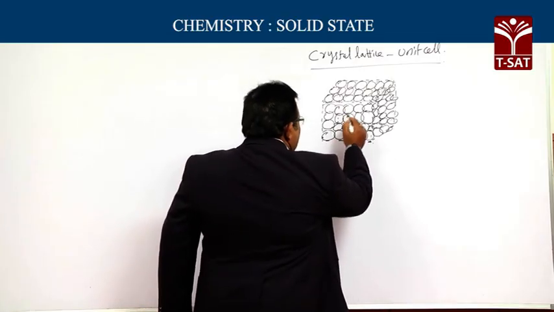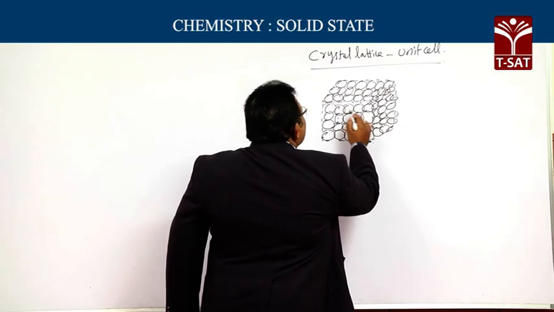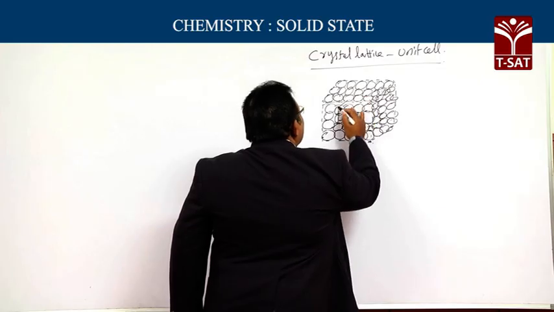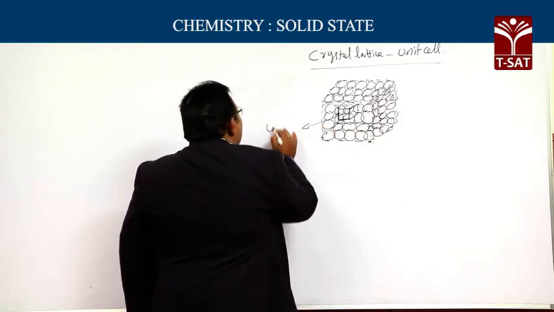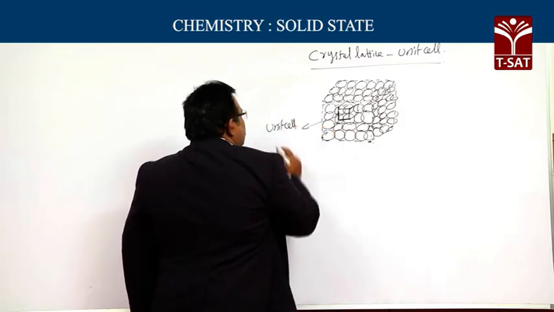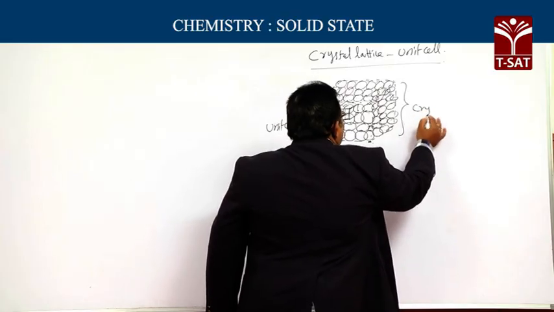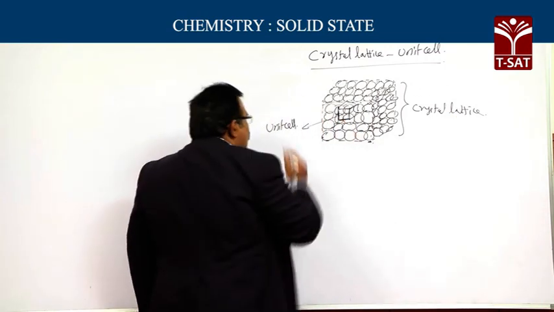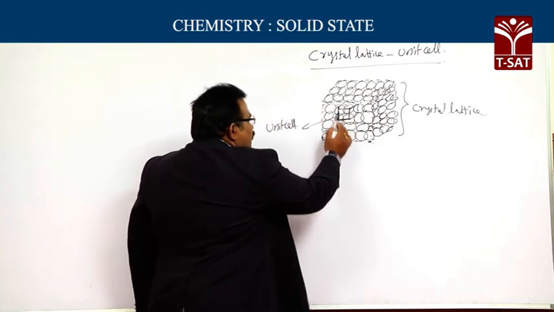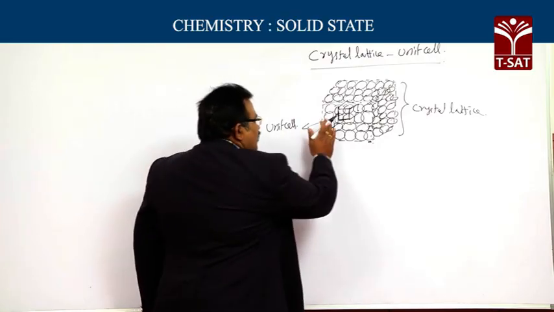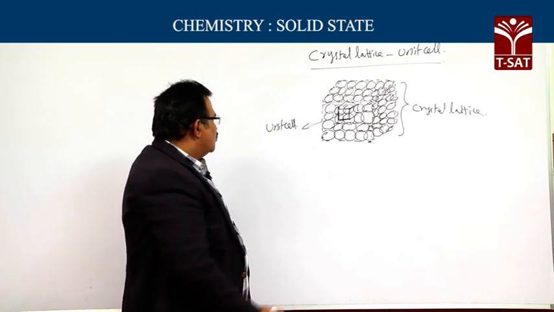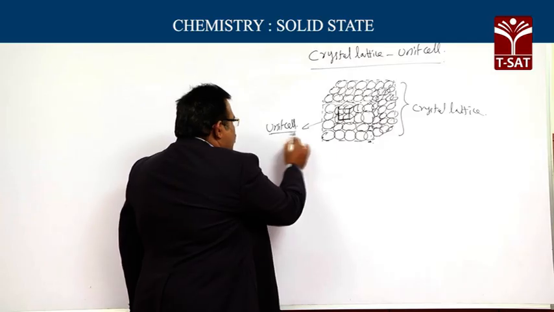If you consider a basic part in it, suppose a basic part like this. This basic part is called unit cell. This whole thing is crystal lattice, and the basic part which repeats 3-dimensionally, in x direction, y direction and z direction, to generate the crystal is called unit cell.